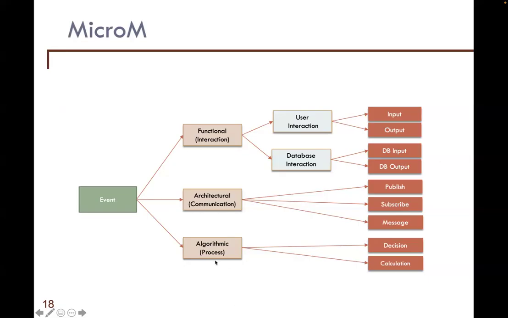And algorithmic, we call it process because I will show you some examples: when we drew the EPC, if there is a decision or calculation on the EPC, we are doing problem analysis, by the way, it shows as an activity, these processes. So that's why we call it process. But of course, this is just a naming convention.